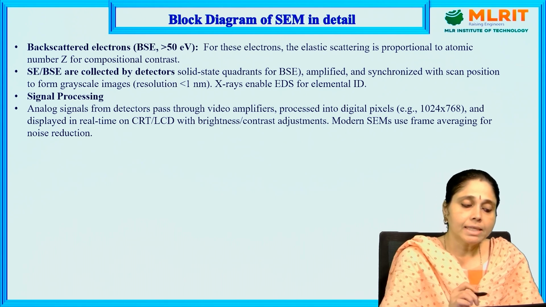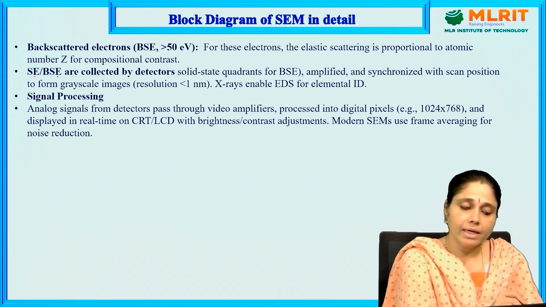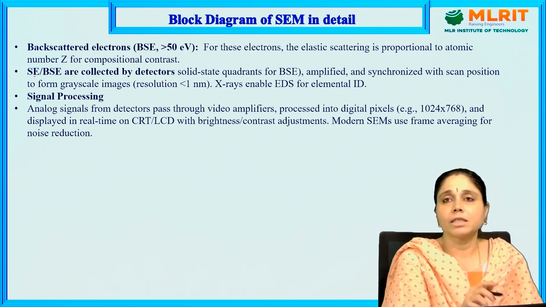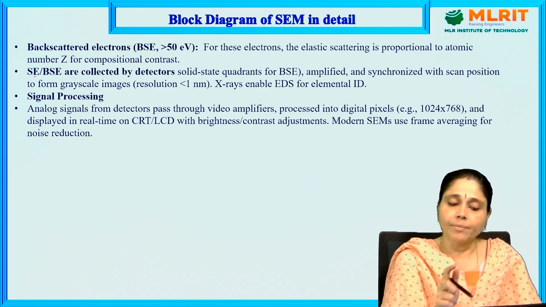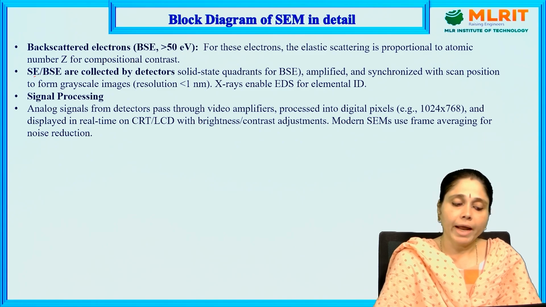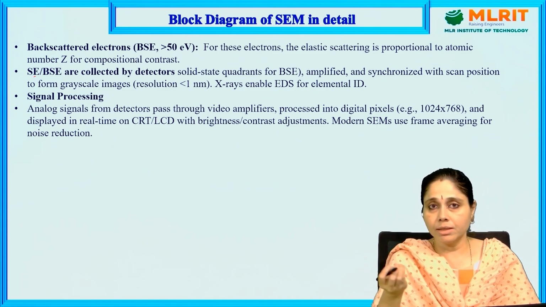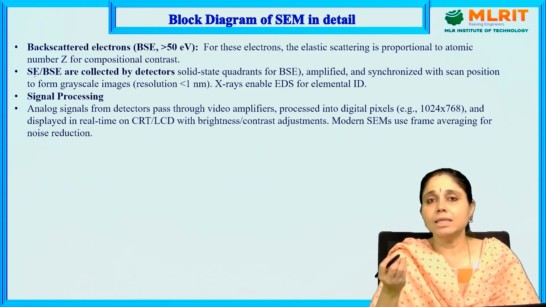Secondary electrons or backscattered electrons are collected by the detectors. Both can be collected by the detectors. Solid state quadrants are used for backscattered electrons, amplified and synchronized with scan position to form gray-scaled images. So, what images are formed? The output of the scanning electron microscope is generally gray-colored images.